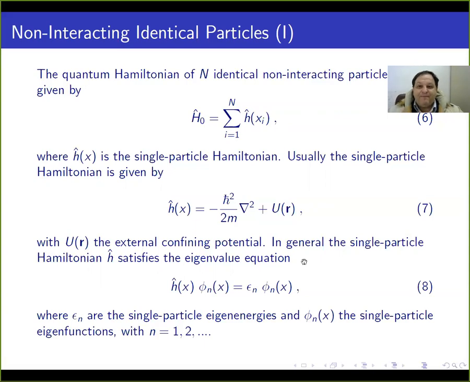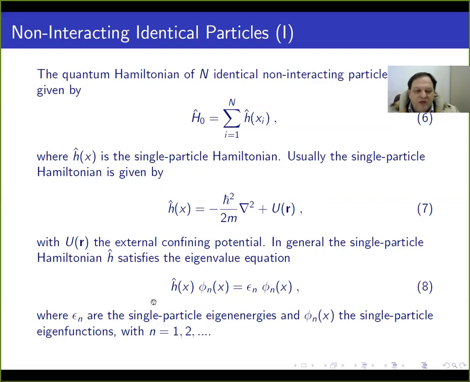Obviously, in general, there are many eigenfunctions and many eigenvalues for a specific single particle Hamiltonian. And for this reason, I put the subindex n just to enumerate the many eigenfunctions and eigenvalues.